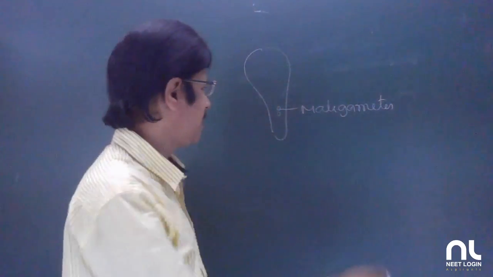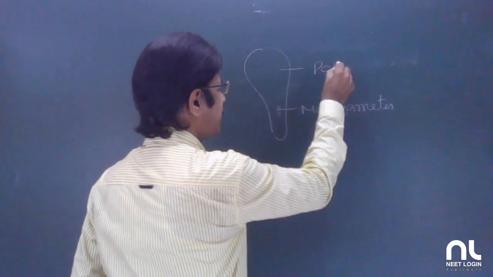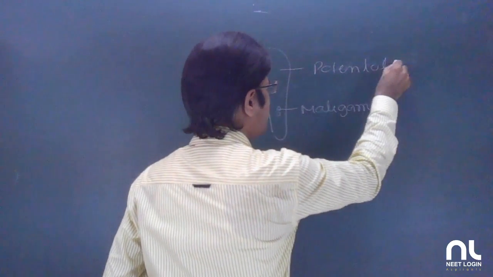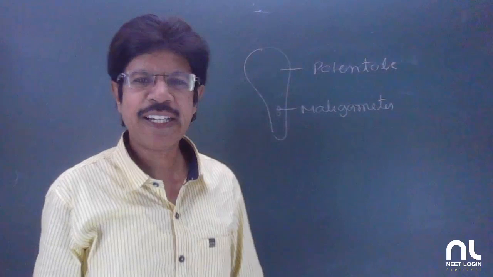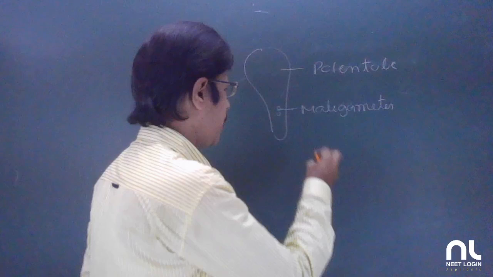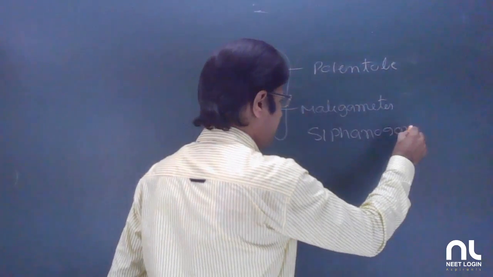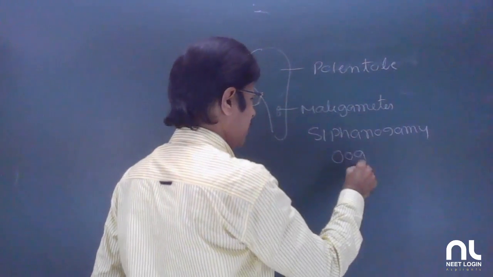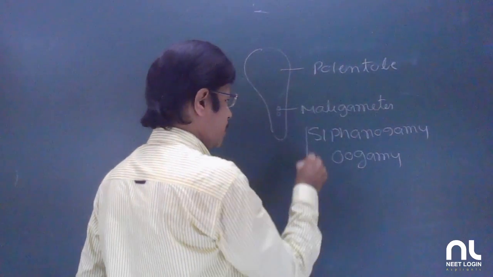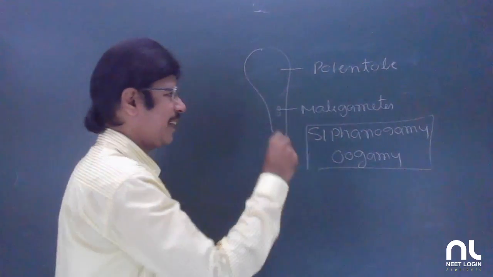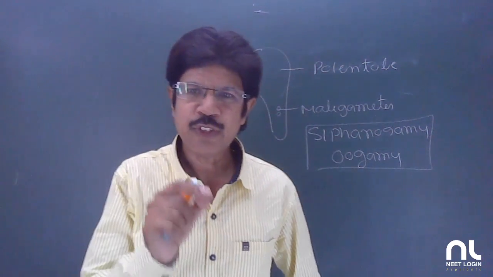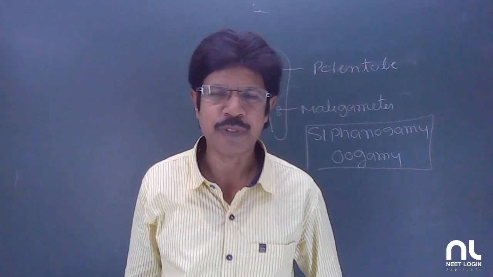But in gymnosperm, the male gamete carrier is the pollen tube. What do you call the union? Siphonogamy and oogamy. So siphonogamous oogamy is present in both angiosperms as well as gymnosperm.